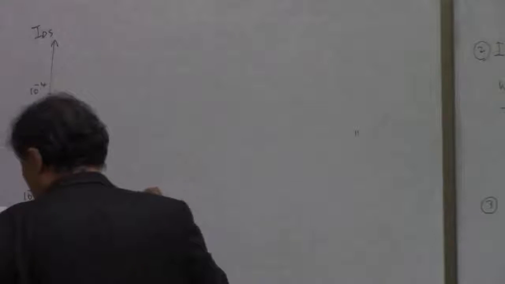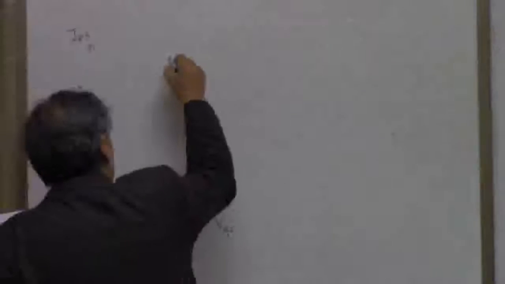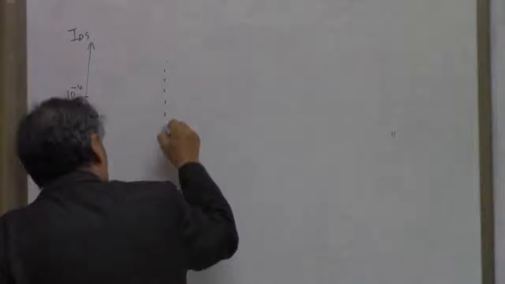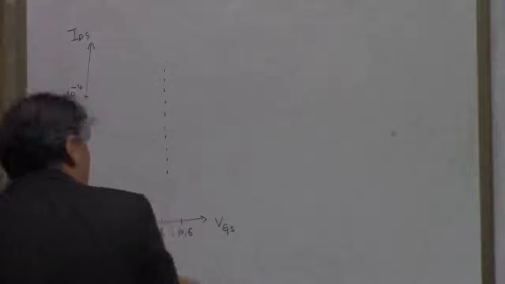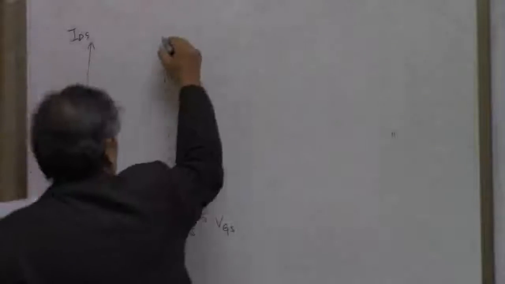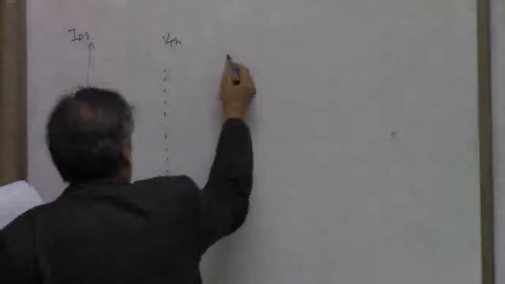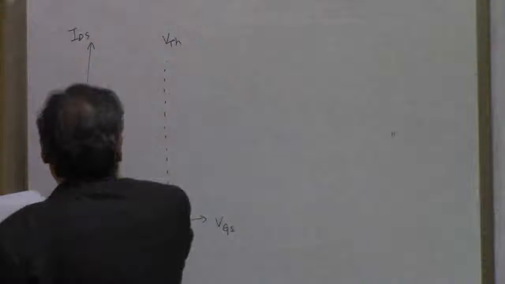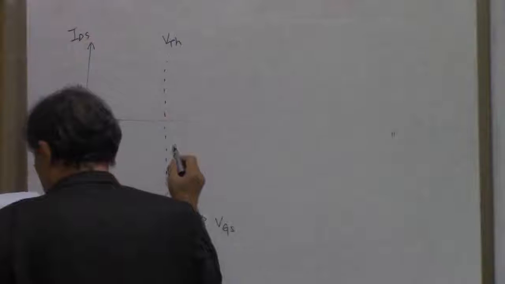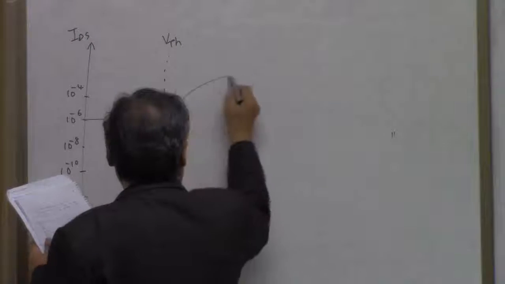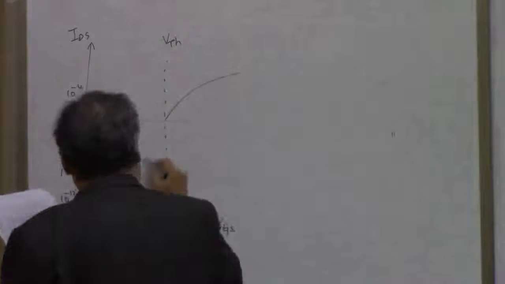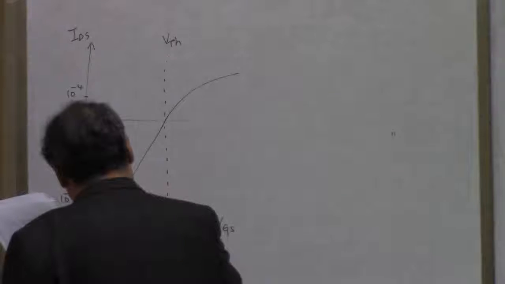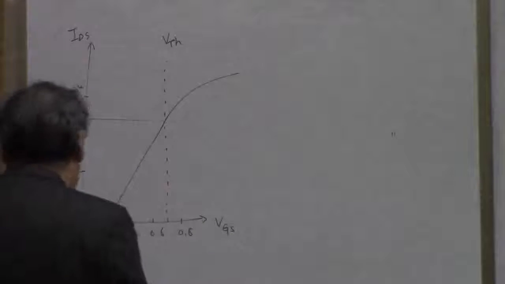The sub-threshold current is the current before the threshold voltage, which is typically 0.7 volts. After that, there is an exponential increase. But before that, we have almost a straight line like this.